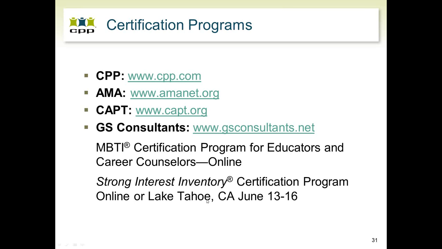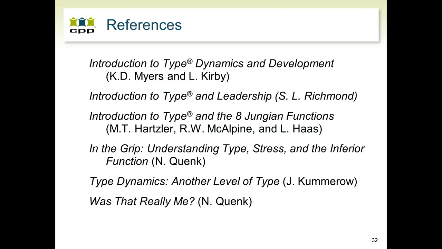It's hard to narrow down the references on everything. This is a very big topic we've been covering today, and a lot has been written about this topic. Introduction to Type Dynamics and Development, Introduction to Type and Leadership, Introduction to Type and the 8 Jungian Functions. These are the key publications. And then if you're interested in the whole stress topic, Naomi Quenk's In the Grip.